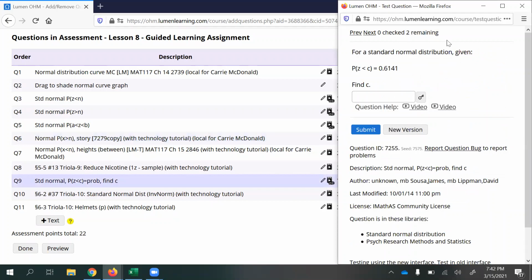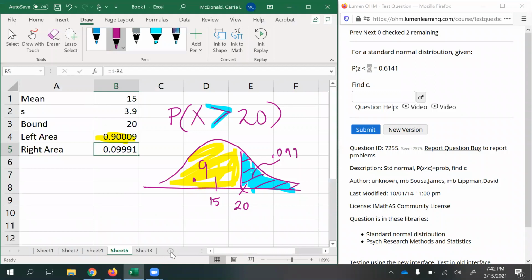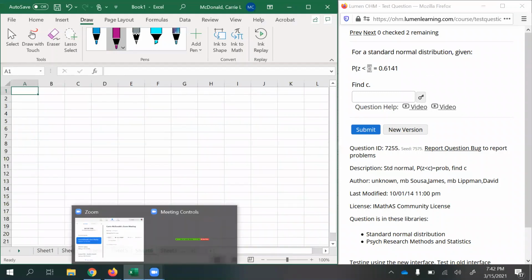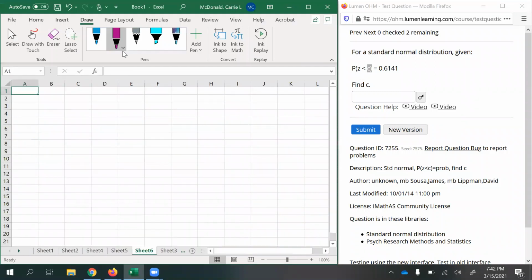So for a standard normal distribution, find the C that goes right here. So this time they've given us the actual probability, and you're looking for the z-score boundary that would have that probability. So what you do is, again, I recommend a picture. Start with your curve.